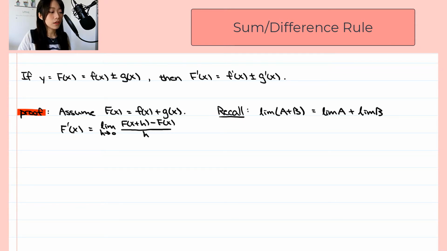So this equals the limit as h approaches 0 of f of x plus h, which equals f of x plus h plus g of x plus h, minus f of x plus g of x, over h.